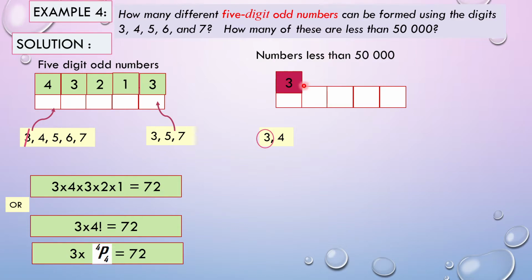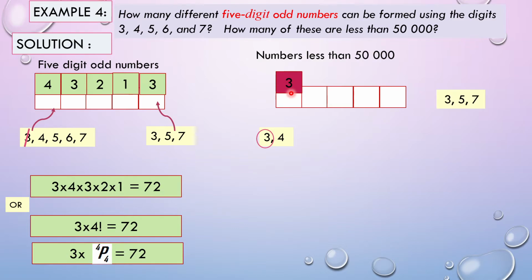So here I'm going to fix the condition where the number is less than 50,000. In order to get a number less than 50,000, the first digit can be 3 or 4. So for the first step, I'm going to fix the first box as digit 3.